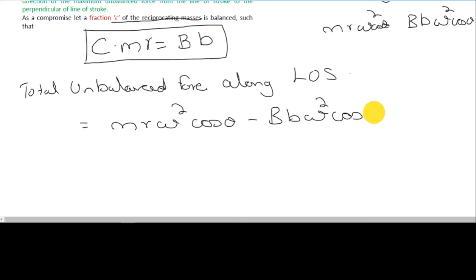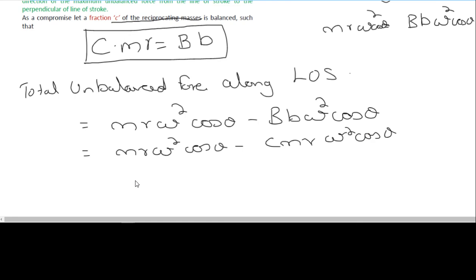This is not balanced now because we are only partially balancing it. So B b is equal to c m r. So m r omega square cos theta minus c m r omega square cos theta, or we can take (1 minus c) m r omega square cos theta. This will be the unbalanced force along the line of stroke.